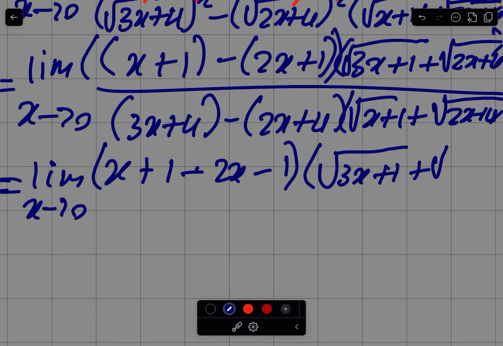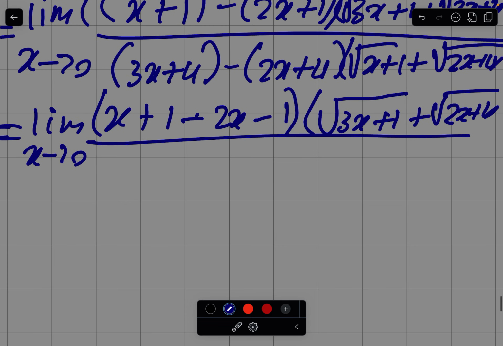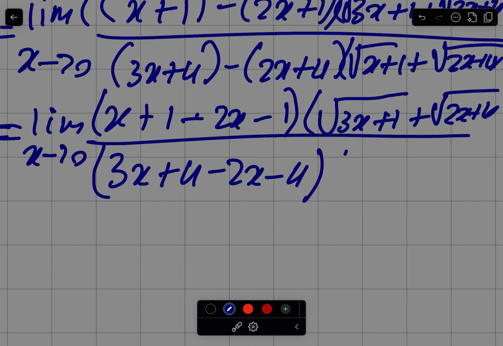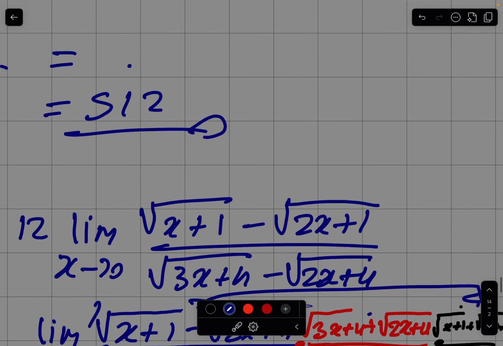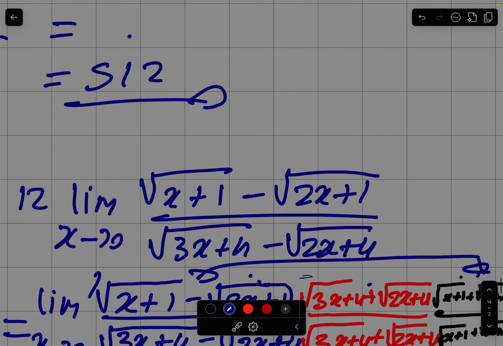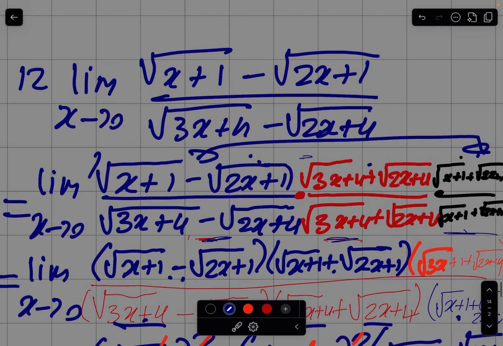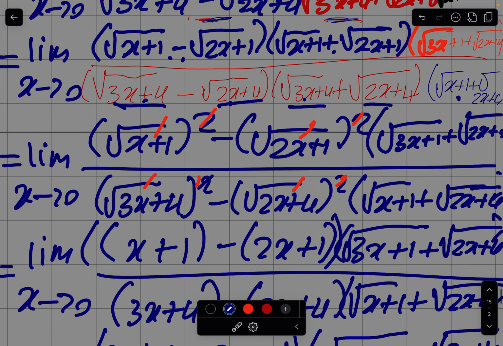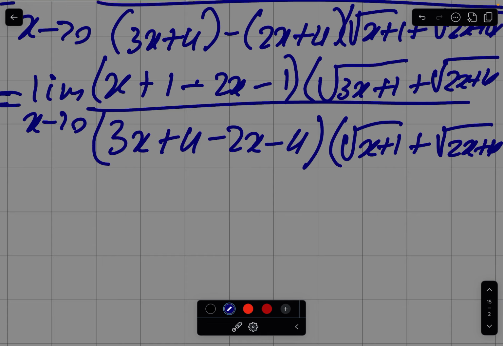I told you the one that you didn't rationalize, you must not touch it. All divided by 3x plus 4 minus 2x minus 4. Brackets are very important. X plus 1 plus square root of 2x plus 4. Let me check something. Somewhere is 2x plus 1, and I think it's in the denominator. It's 1 here.